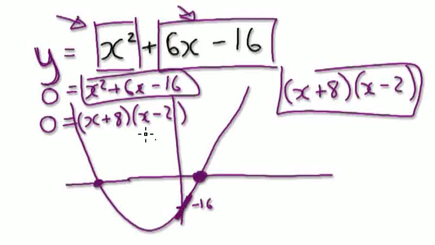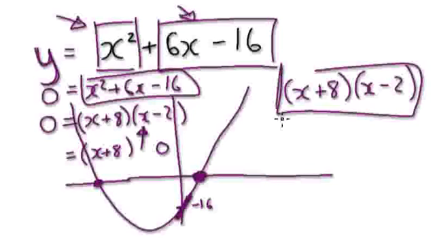If you put a positive 2 into here, this whole term will be 0. So you will have 0 times x plus 8, which is 0. So if you put 0 into this bracket, the whole thing would be 0. So it's a good thing.